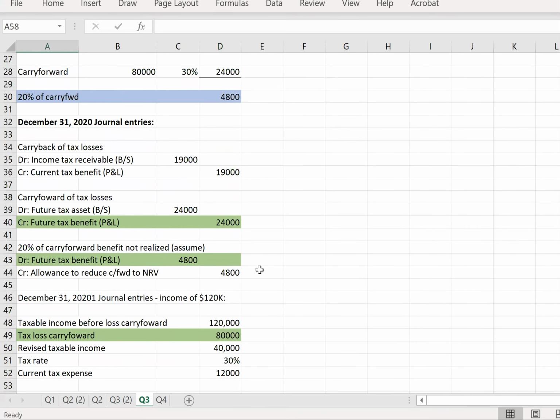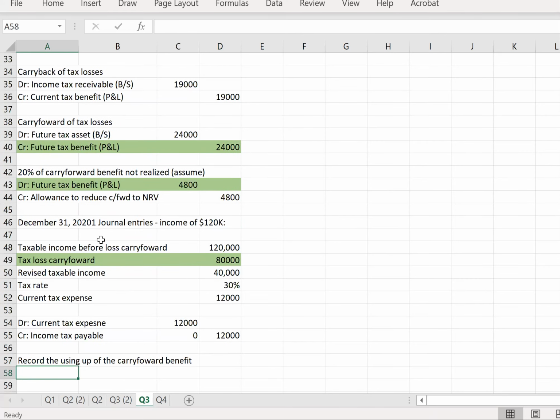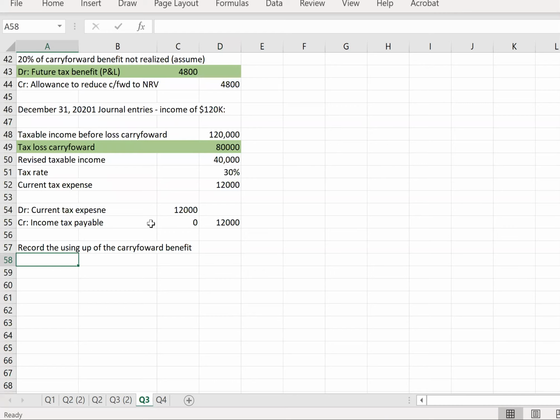If we look at the entry that we originally recorded, we recorded debit future tax asset, credit future tax benefit. We're essentially going to reverse that, but instead of calling it benefit, we're going to call it future tax expense just to show it's going the other way. So we're going to have debit future tax expense, credit future tax asset. We're just removing the asset from our balance sheet here.